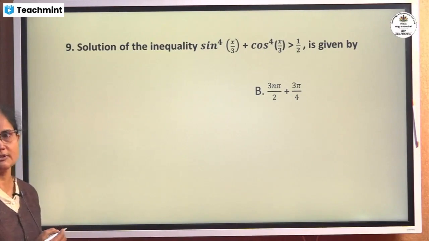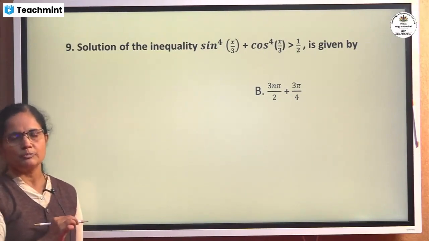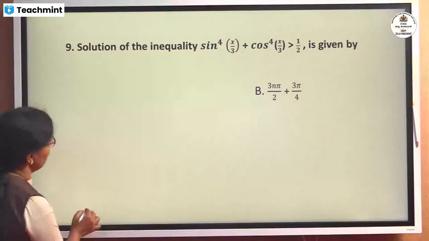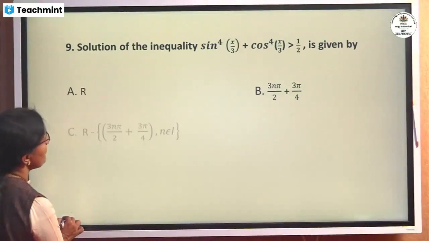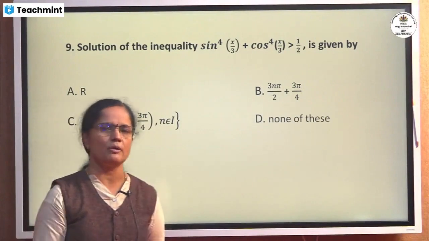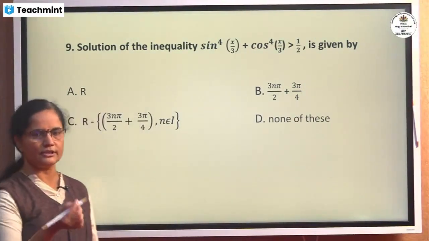Solution of the inequality sin to the power 4 of x by 3 plus cos to the power 4 of x by 3 is greater than half. The options are, okay. So this one is somewhat tough problem, derived from the first identity of trigonometry.